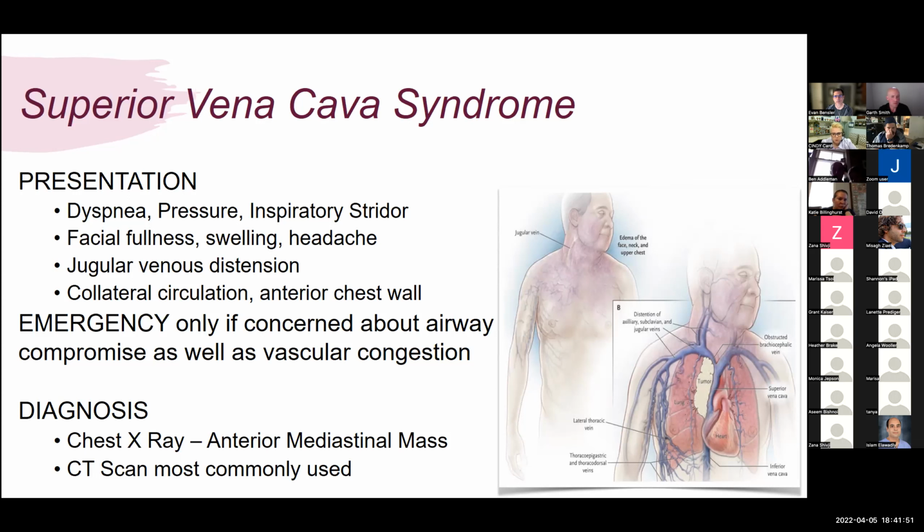Patients are typically those who have disease involving the mediastinum. I see small cell lung cancer, for example, presenting with superior vena cava syndrome. Patients will describe dyspnea, a sense of pressure or fullness. Inspiratory stridor is very rare and would definitely be an indication for more emergent management of SVC obstruction.